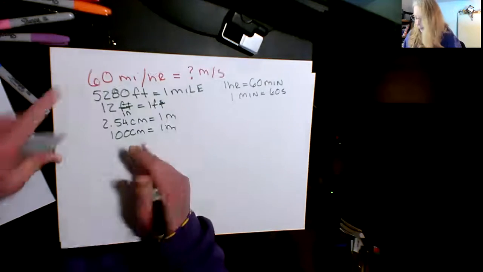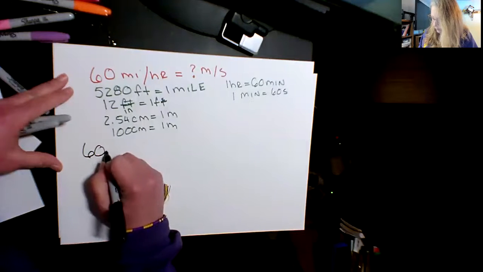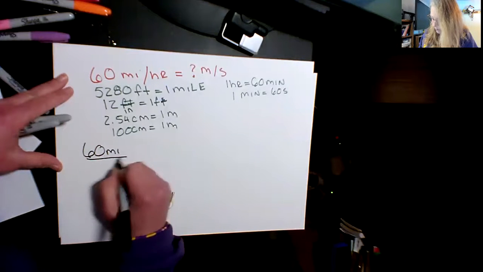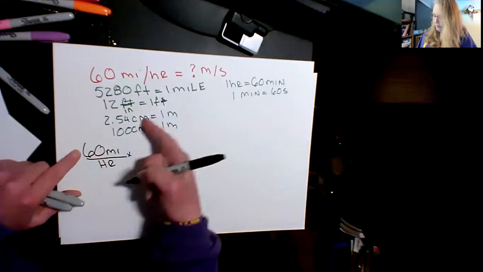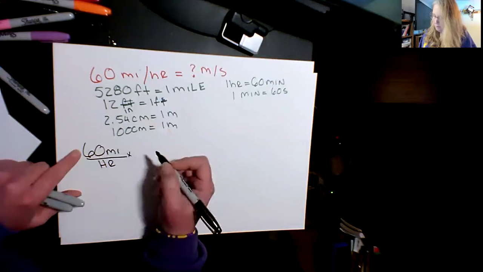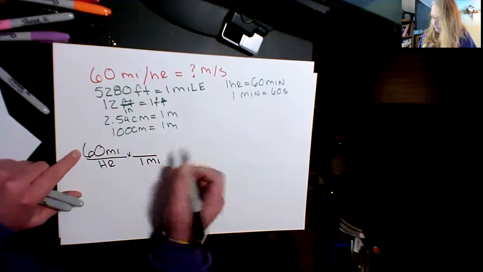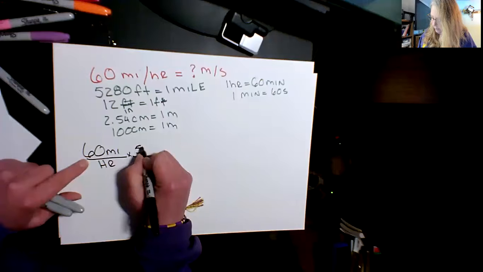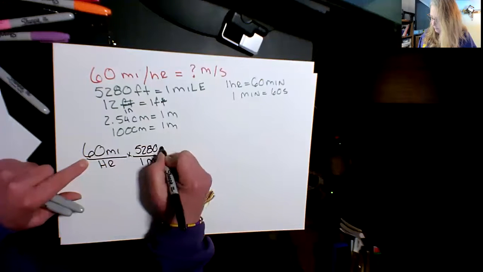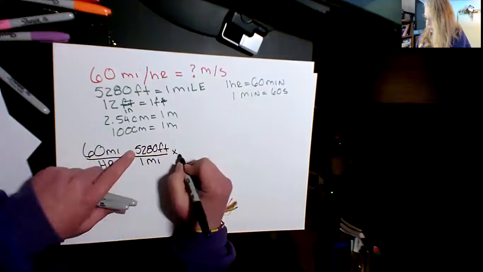So let's see. We go from 60 miles per hour, times, let's just go ahead and go into our distance portion. So here is 1 mile, and in 1 mile there are 5,280 feet. Now I want to go feet to inches.